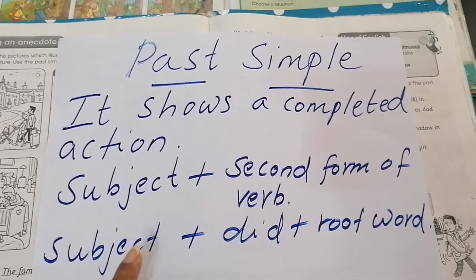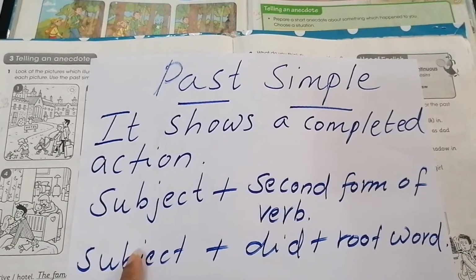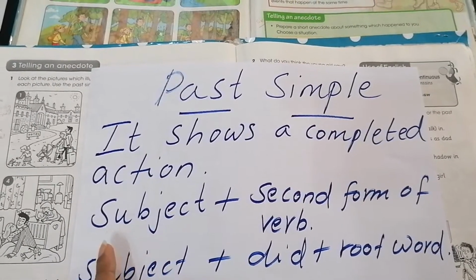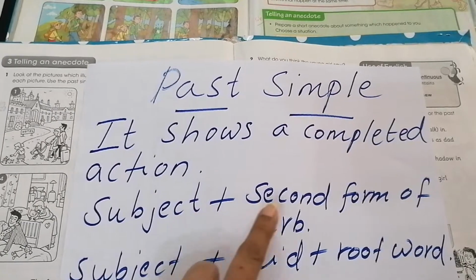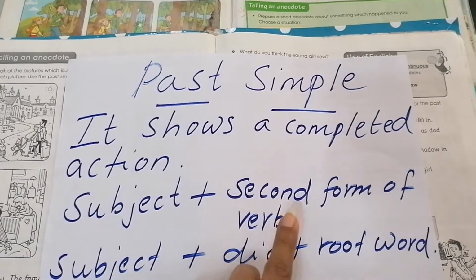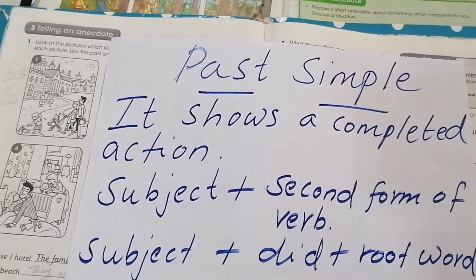As I told you, a verb is an action word, and each verb has three forms: V1, V2, V3. So in past simple, we are using the second form of the verb, V2, or did plus root word. I will show you an example.